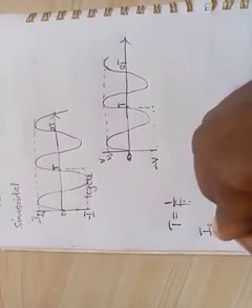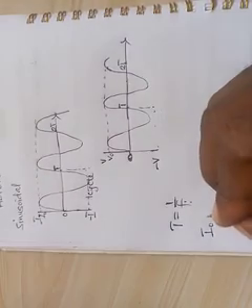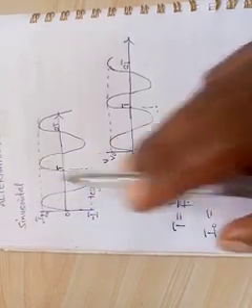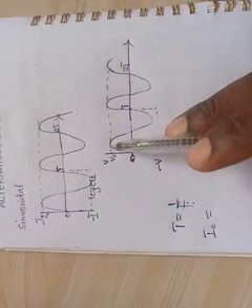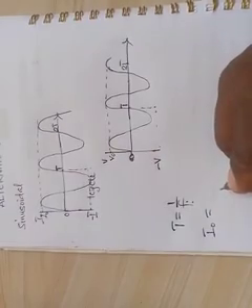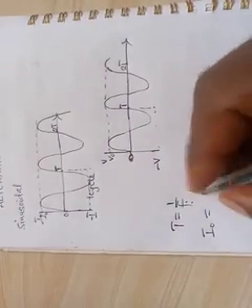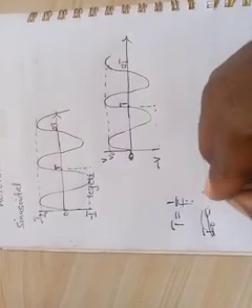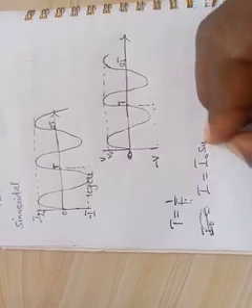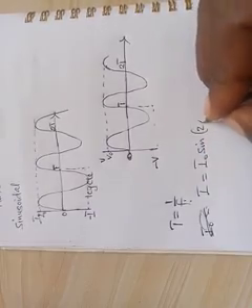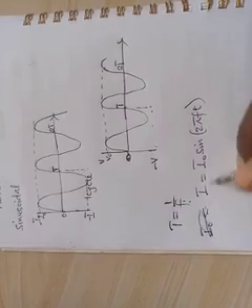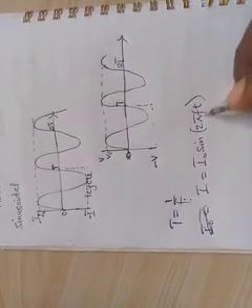The peak current is the maximum current. You can see from there is the maximum current. The peak voltage is the maximum voltage. You can see at that peak. So we can have the current of the sinusoidal form as I equal to I naught, which is the peak, sine 2 pi ft, or you can say sine omega t.